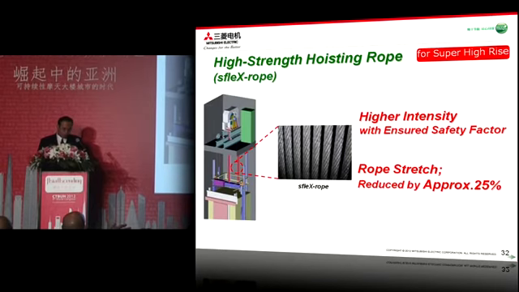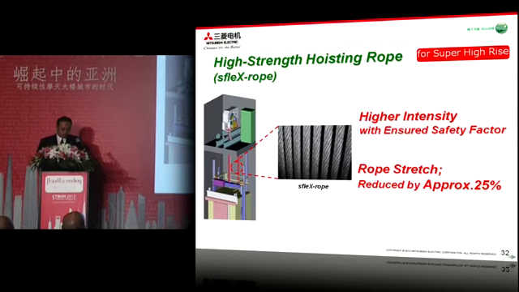For super high rise, the strength of the hoist rope is one of the key issues to overcome, since the weight of the hoist rope itself gets increased according to the increase of travel. The necessary safety factor might not be secured.